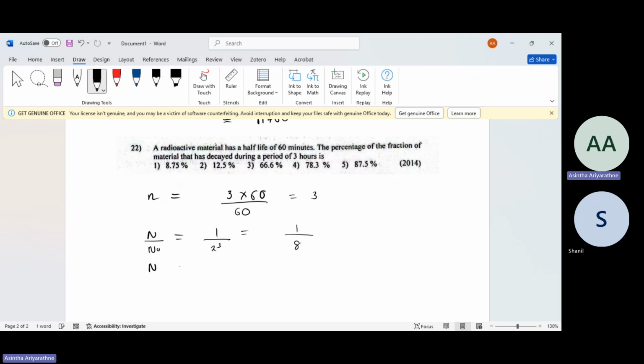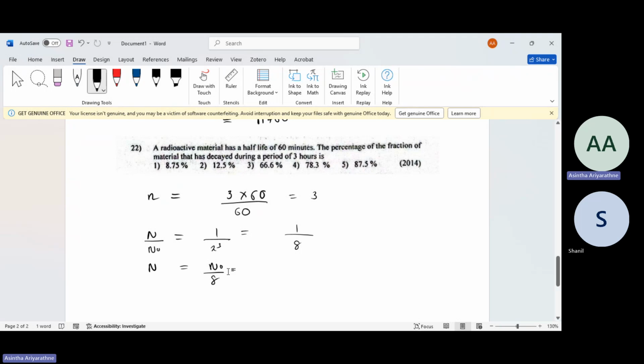So N is N naught over 8. So there are N naught over 8 currently present. Right? The currently present number of unstable atoms is N naught over 8.